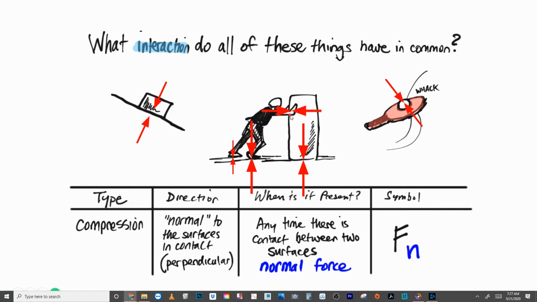This person's pushing into the refrigerator or whatever that is, and the refrigerator is pushing right back, and the refrigerator is pushing down on the ground, and the ground is pushing back up, and the ping pong paddle is pushing up and to the left on the ball, and the ball is pushing down and to the right on the paddle. And that's perpendicular to the surface of contact there. Kind of cool.